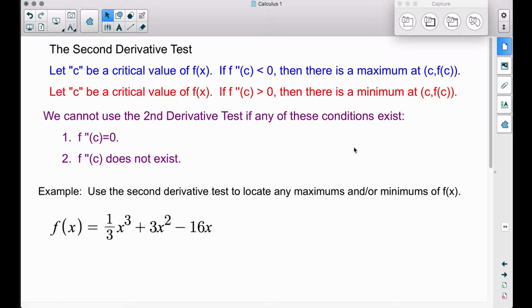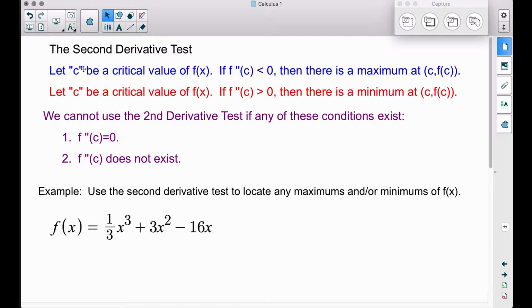Before we dive into this example, I don't find myself using the second derivative test anywhere near as often as I do the first derivative test. However, should you run across an example where your instructor says determine maximums or minimums using the second derivative test, this is the concept we will take. We want to find a critical value, we'll call it C, such that the first derivative is equal to 0.